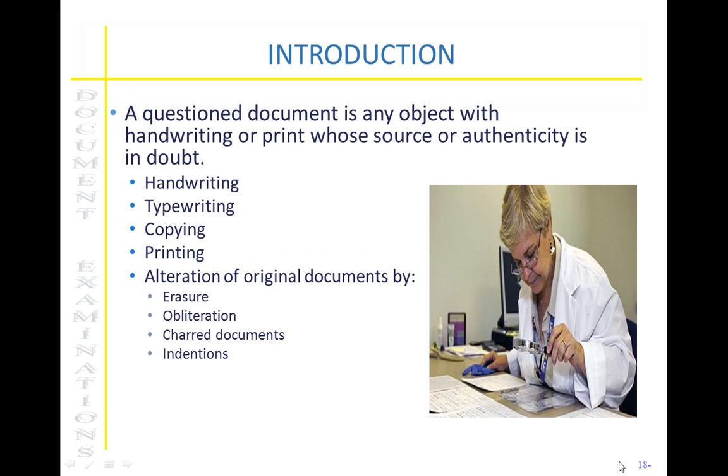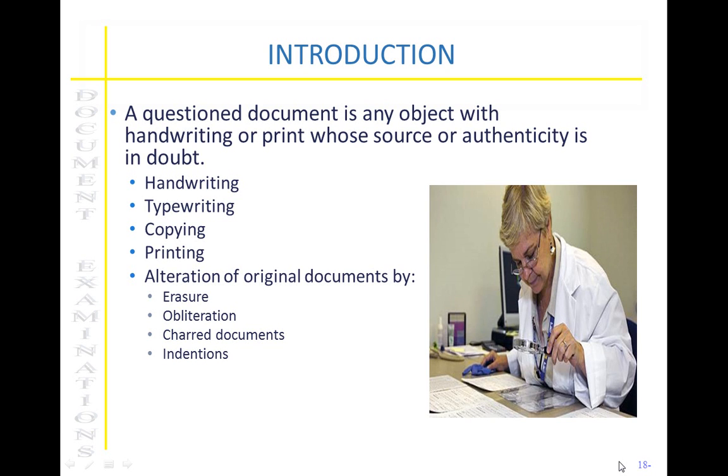If we begin by discussing question documents, a question document is any object with handwriting or with print whose source or authenticity is in doubt. So this can be a wide variety of things.